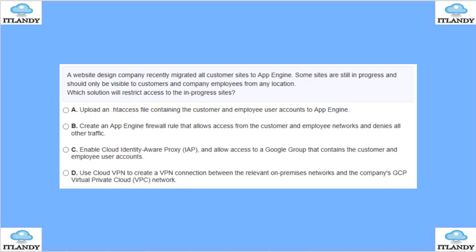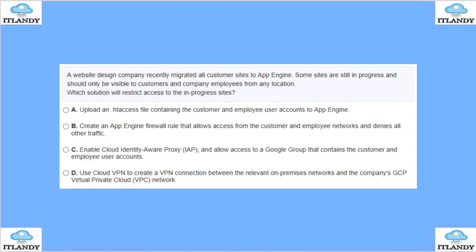Enable Cloud Identity-Aware Proxy and allow access to a Google Cloud group that contains the customer and employee user accounts. Or use Cloud VPN to create a VPN connection between the relevant on-premise network and the company GCP virtual network. I mean, B, C, and D sound valid, but I will lean toward the proxy because enabling Cloud Identity-Aware Proxy will allow the access with minimal dependency.